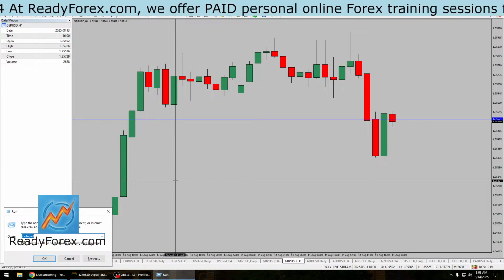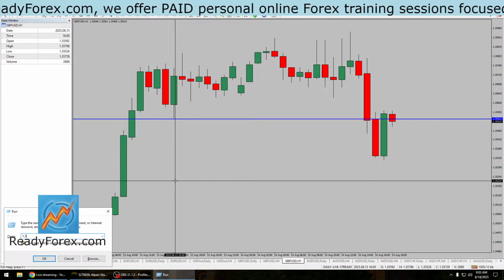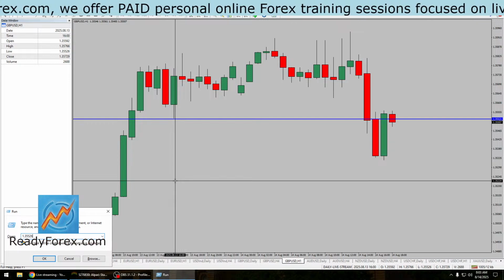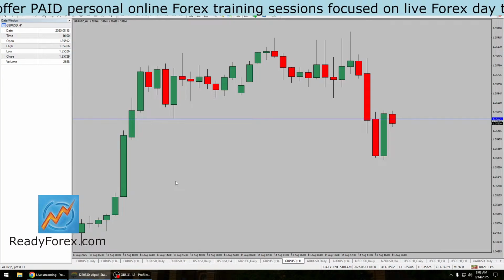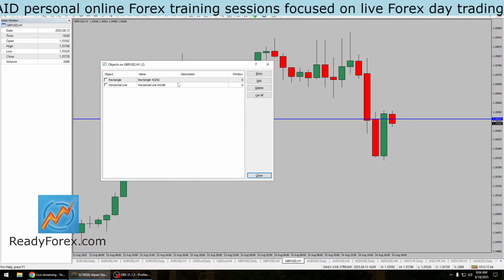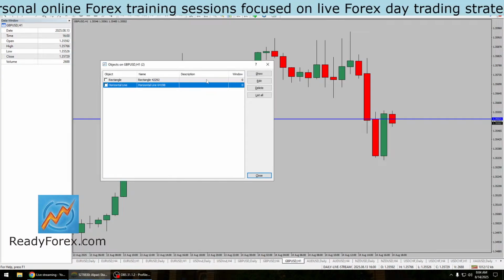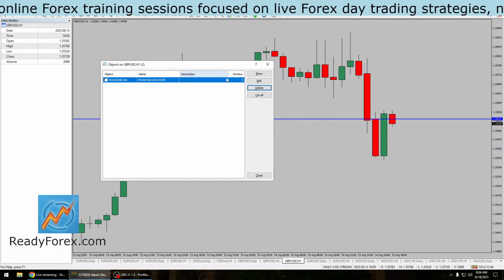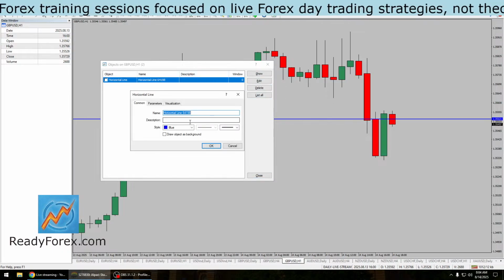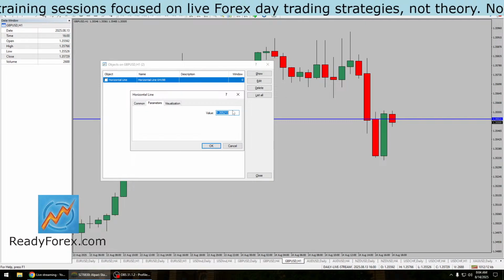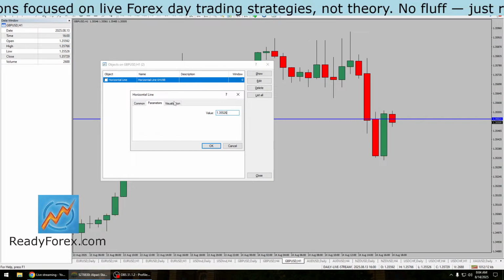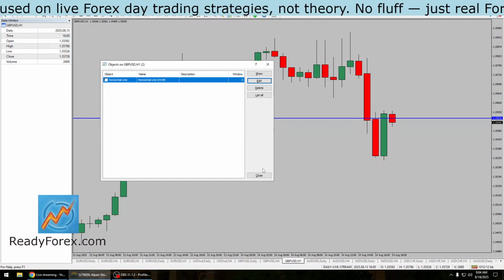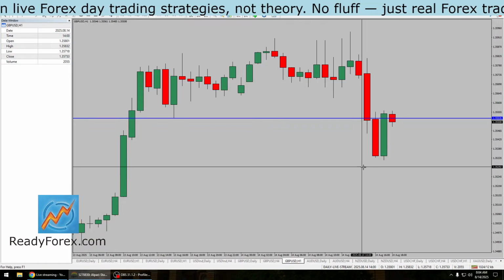So the value is 1.35526. Okay. So this is the price level, and let's see what we got.